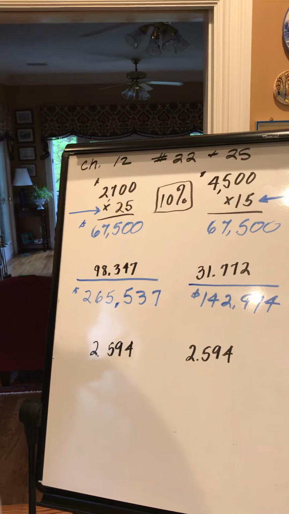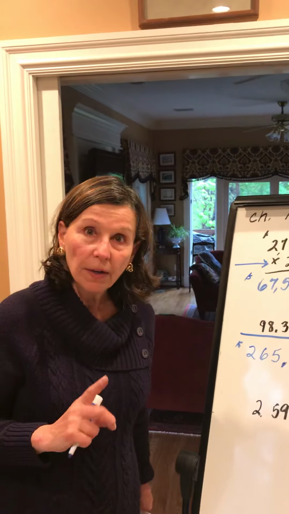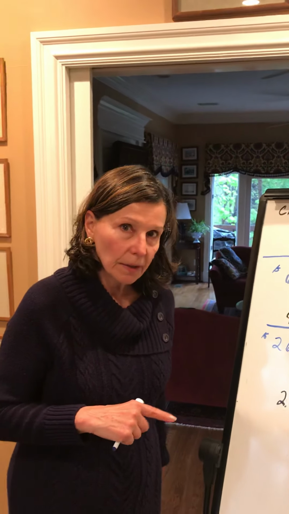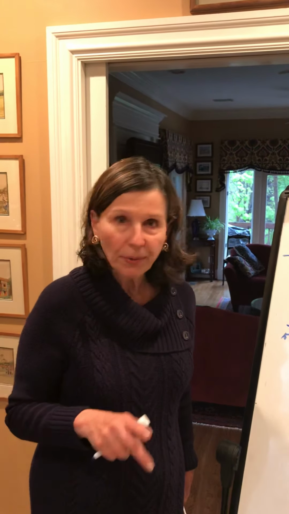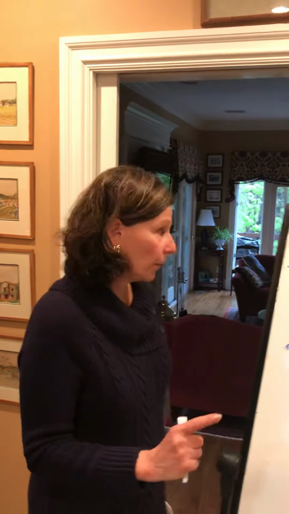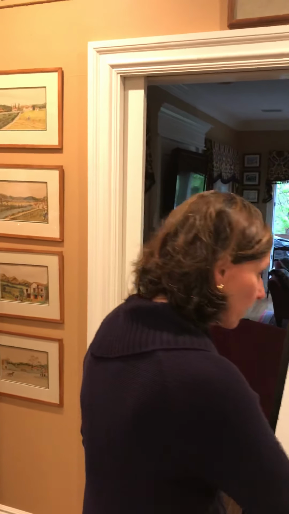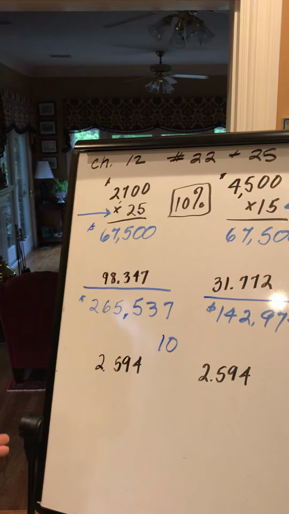Now, here's the important detail, folks. Is this an annuity? No, because we're not putting any more money in. Is it a future value problem? Yes, but now it's future value of $1. So we go to the future value of $1 table, 10 years, because it's sitting for 10 years, 10%. And here's our factor.